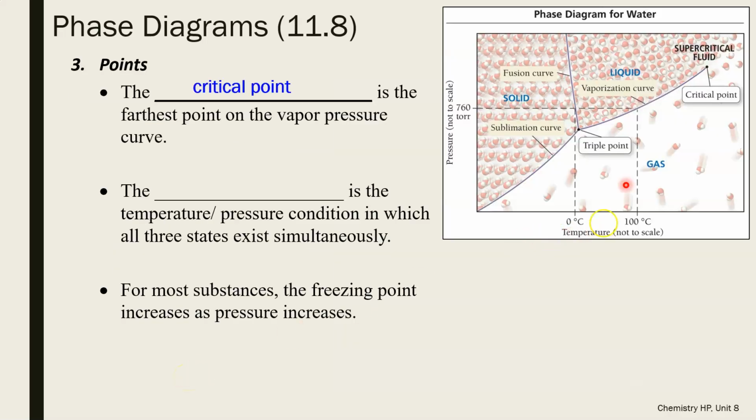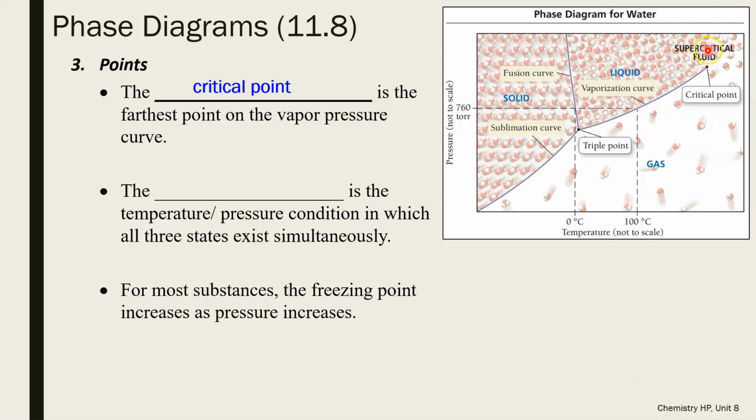The critical point, up here in the upper right-hand portion, is the farthest point on the vapor pressure curve. It shows the temperature above which a substance cannot exist in the liquid phase. So really what happens is we take a line here and we just shoot it straight up.